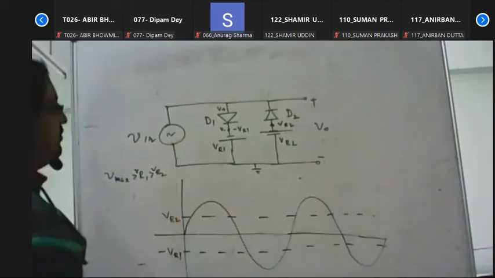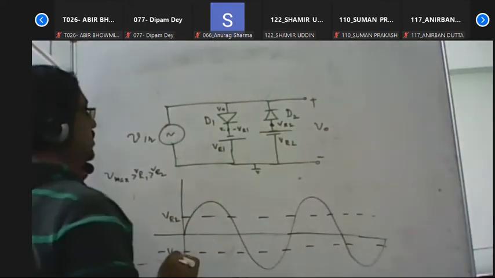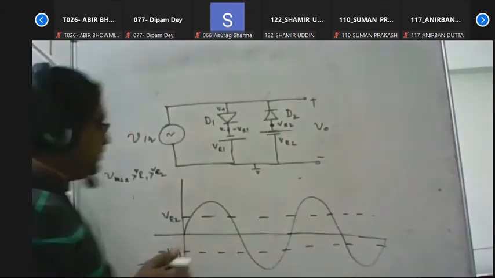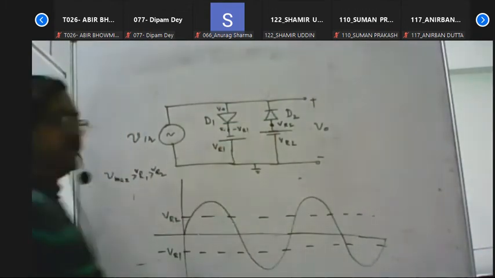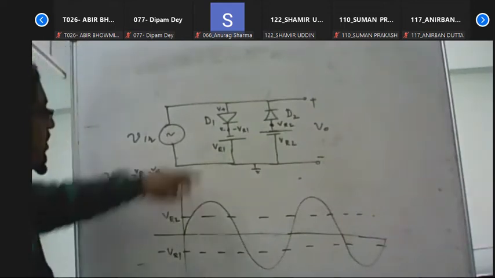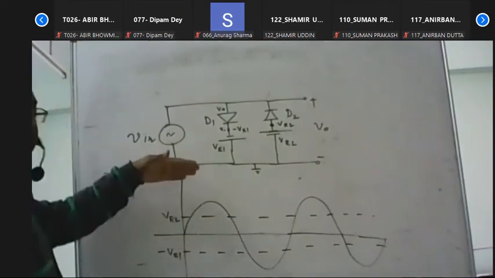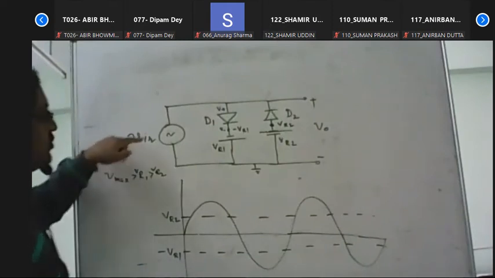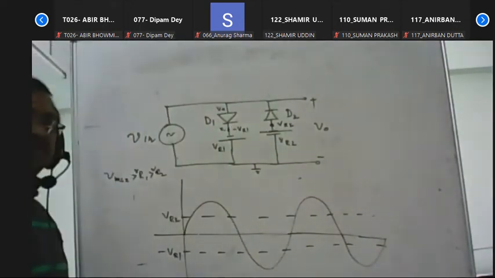At the same time, the voltage here is VR2, so when this terminal voltage is less than VR2, the diode D2 is on. So if the input signal is greater than minus VR1, diode D1 is on, and when the input signal is less than VR2, diode D2 is on.